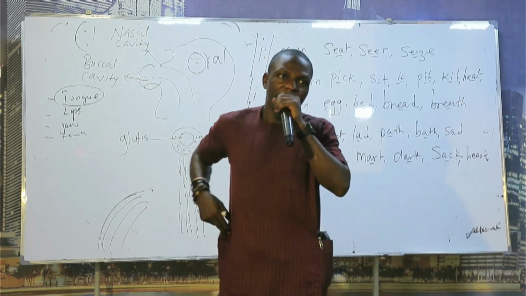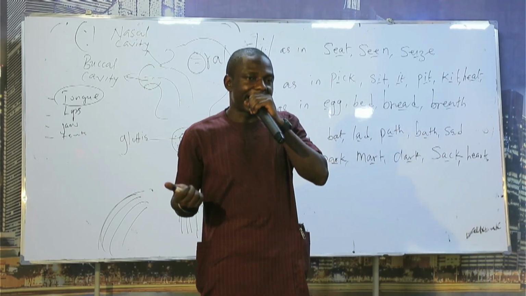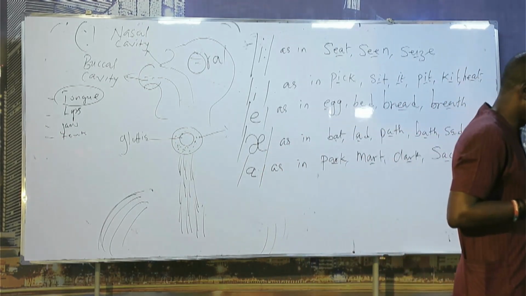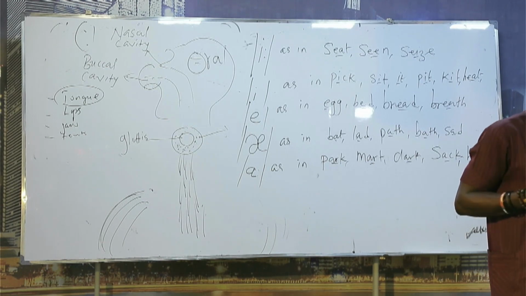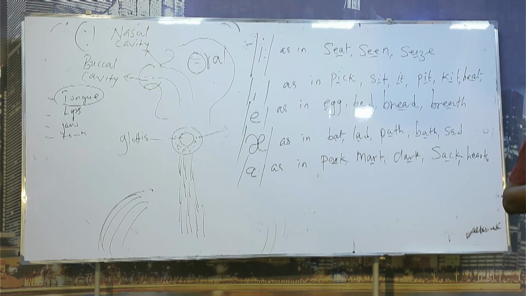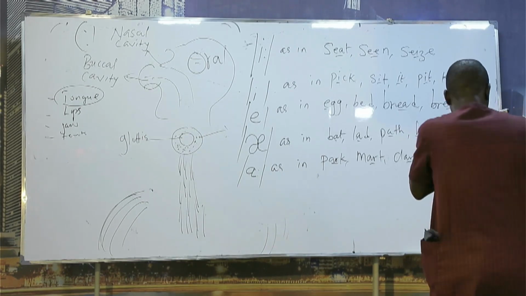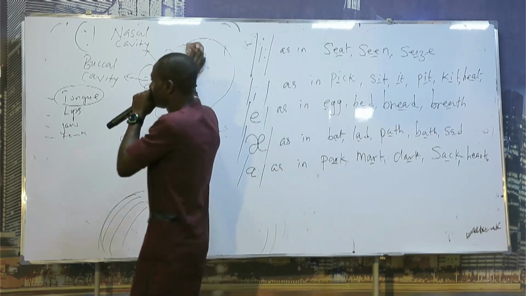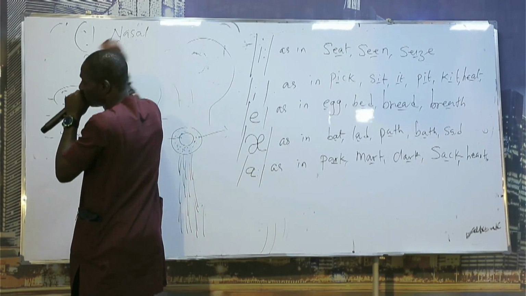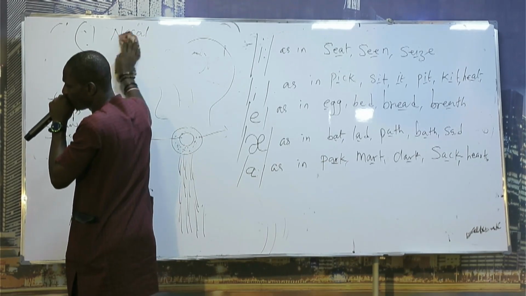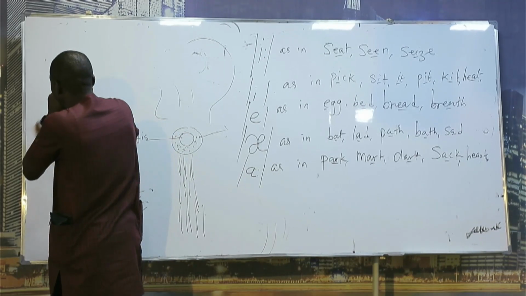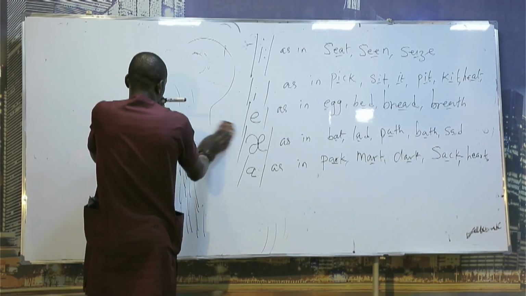Did you get that? A diphthong sound is also defined as the gliding movement of the tongue from one vowel quality to another vowel quality, realized as a single distinctive sound segment.